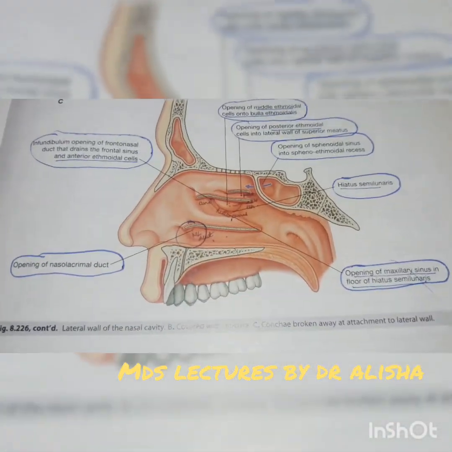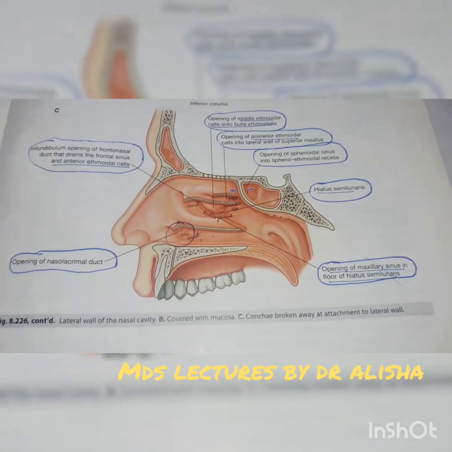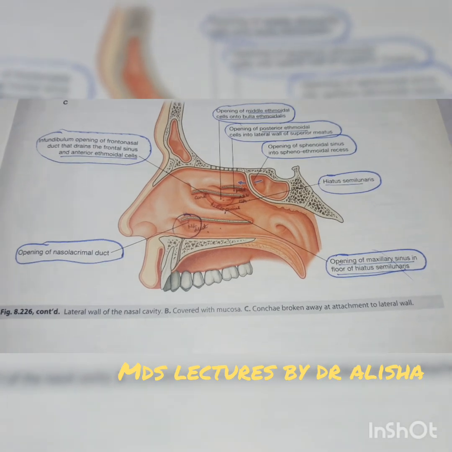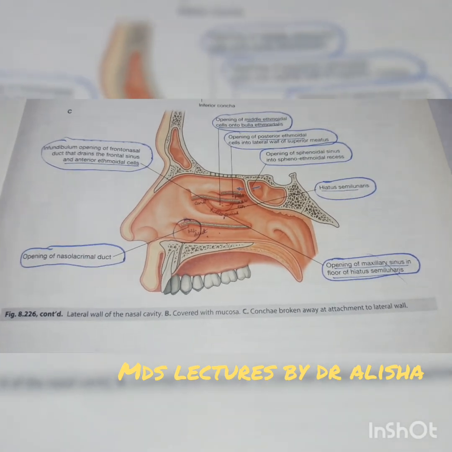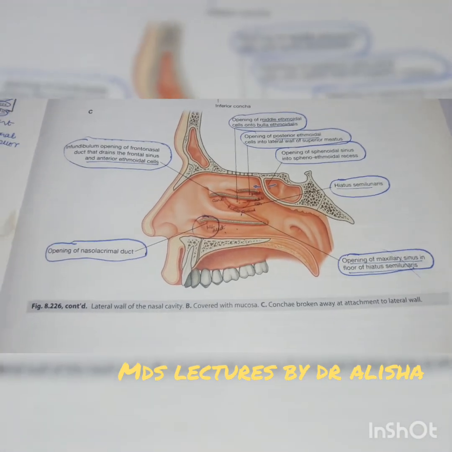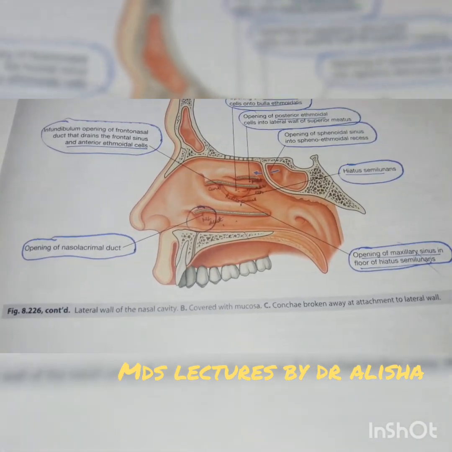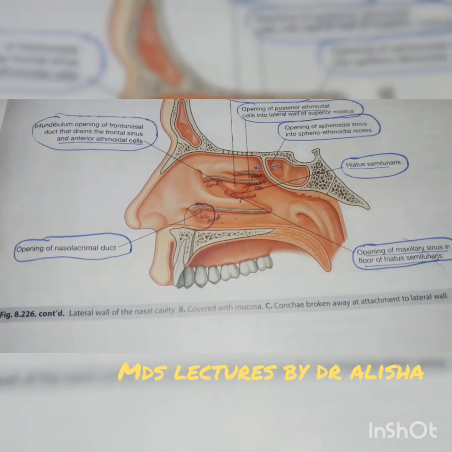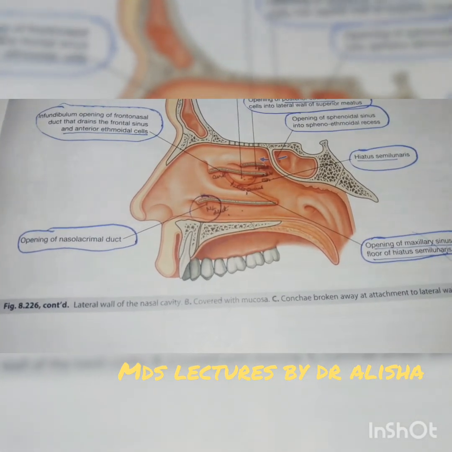Now coming on to another image from Gray's Anatomy. In this we can also see the lateral wall of the nasal cavity and the various openings which can be seen over here. Almost all of the sinuses drain onto the lateral wall of the nasal cavity, except for the sphenoidal sinus.